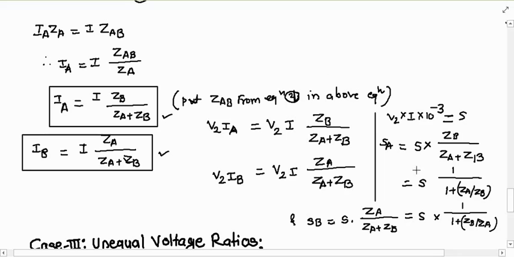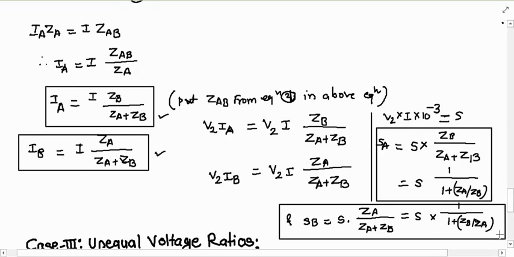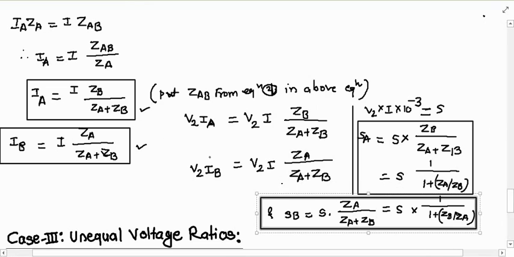So these are very important equations which will be required to solve the problems. This is your SA and this is your SB.